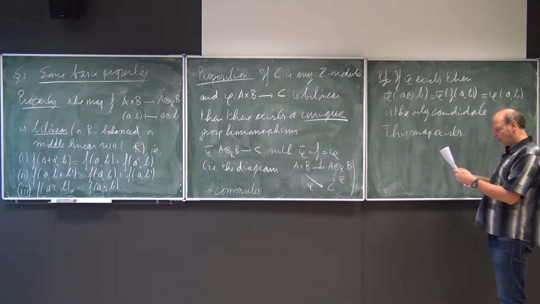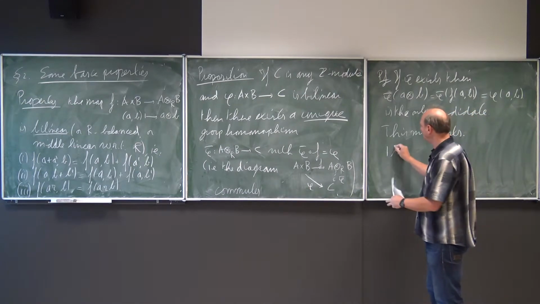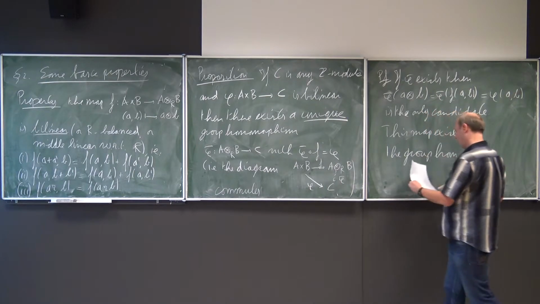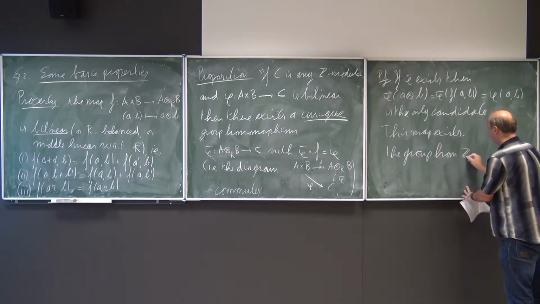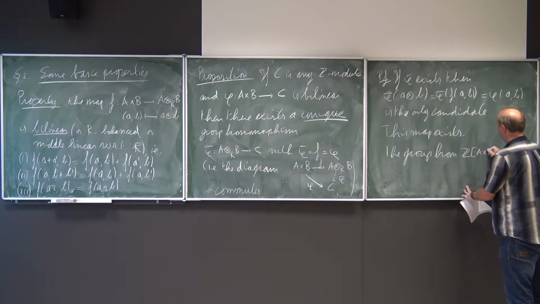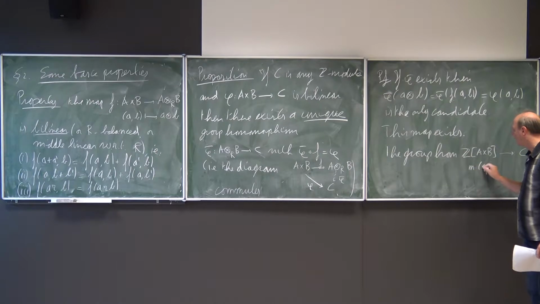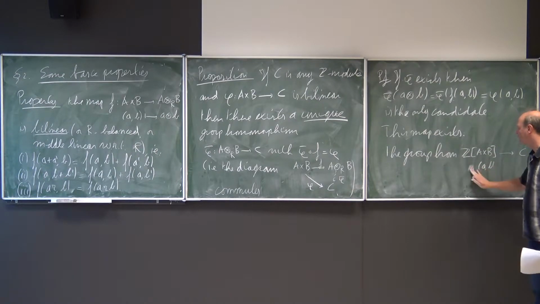So you say that the group homomorphism from Z(A cross B), the free abelian group on A cross B. So I want to create a map to C on the tensor product, so I start with this one, and I'm going to map, well, if you want, I take n times (a, b), or just the generator (a, b), to phi of (a, b).